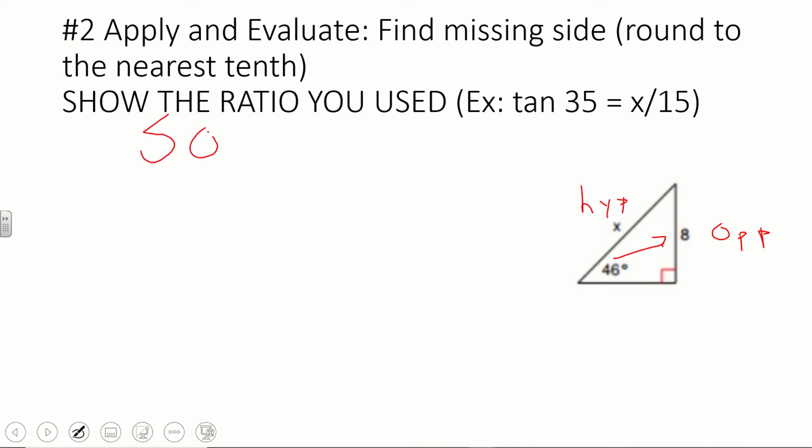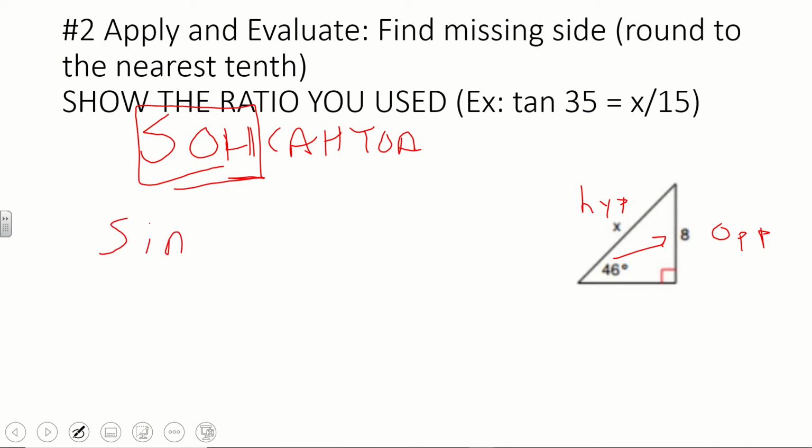So if I refer back to my fantastic SOHCAHTOA anagram, opposite and hypotenuse go with S, which is sine. So my ratio is going to be the sine of 46 equals the opposite, which is 8, over the hypotenuse, which is the unknown x.